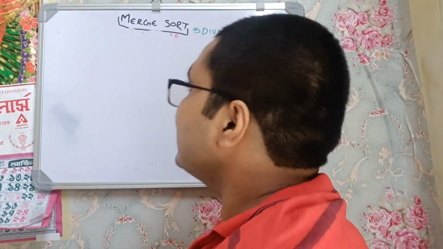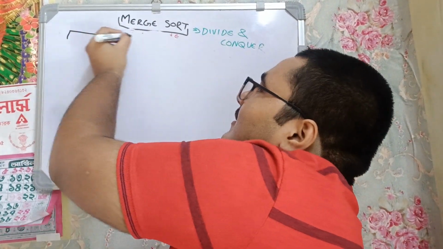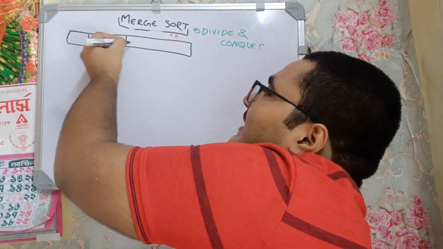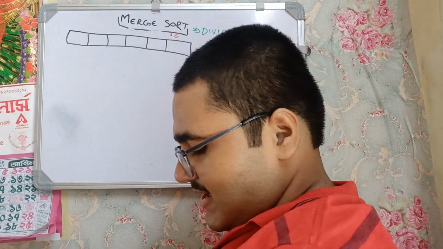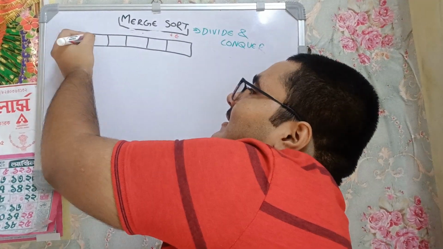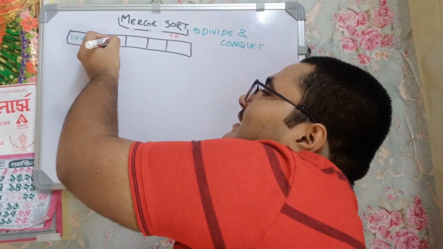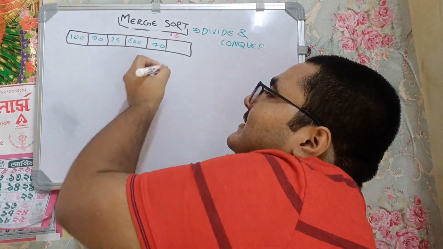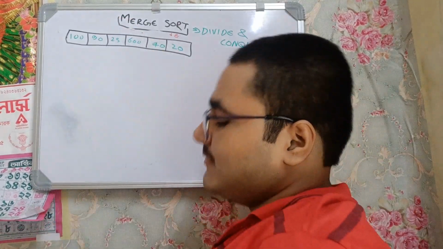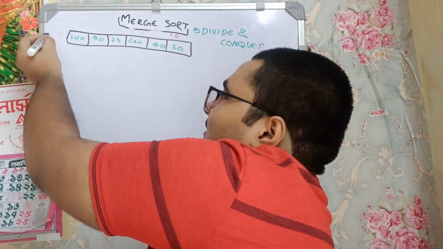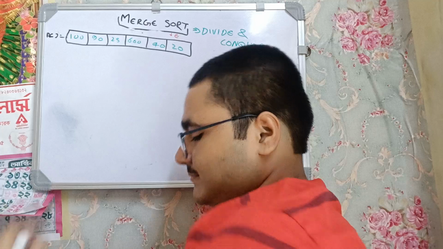Say suppose a random array I am taking, in order to write the pseudocode: 1, 2, 3, 4, 5, 6, and say suppose we have the elements 100, 90, 25, 600, 40, right, and then we have 20, and the name of the array say suppose A. Fine.